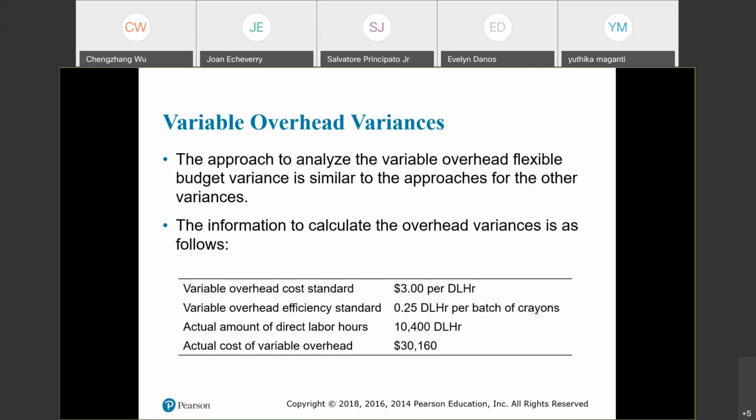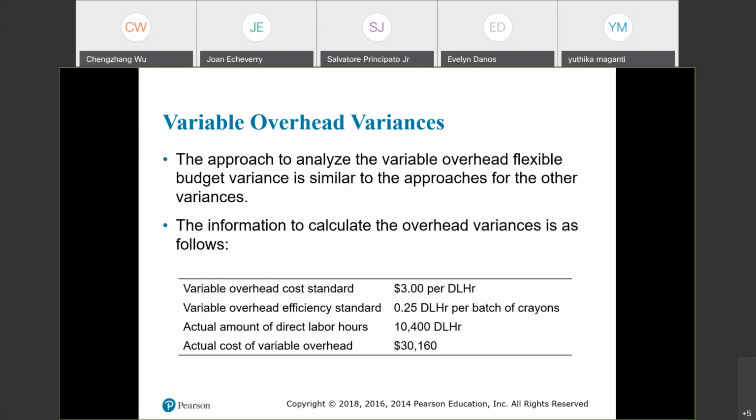So let's continue using this example, Cheerful Colors. Cheerful Colors uses a similar approach to analyze the variable overhead flexible budget variance as it did to analyze the direct material and direct labor variance. Remember, direct material and direct labor are also variable costs.